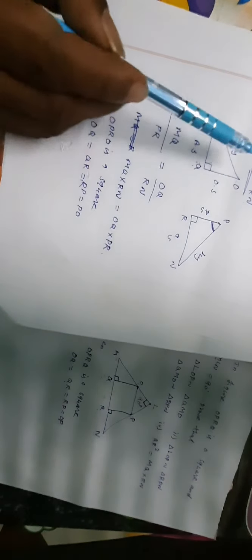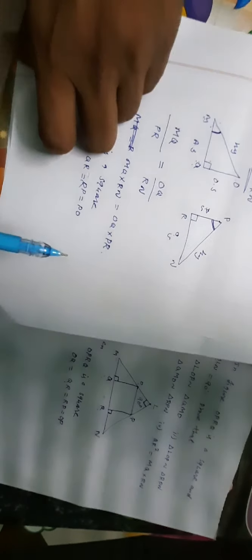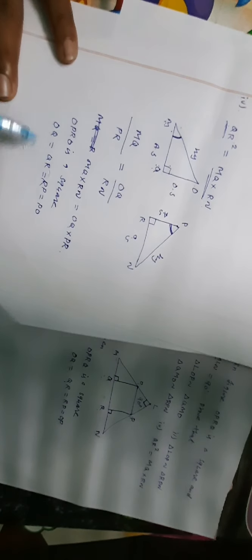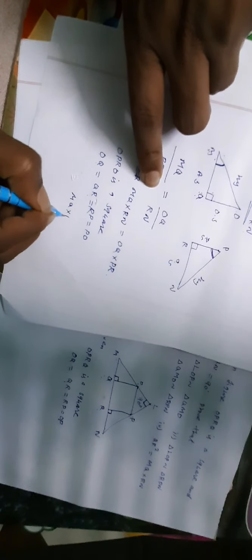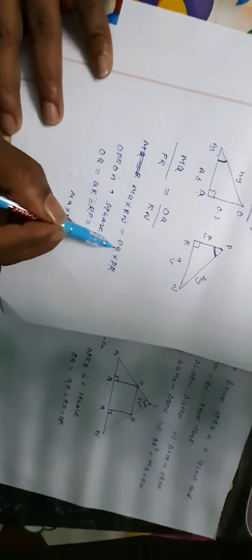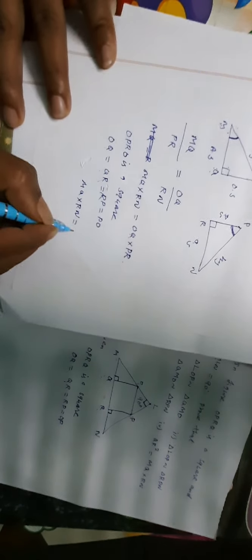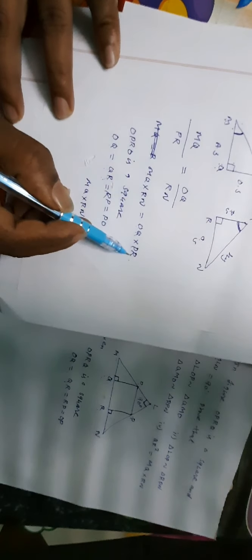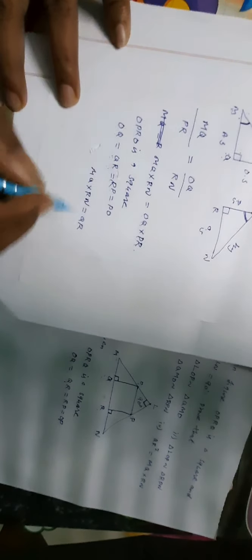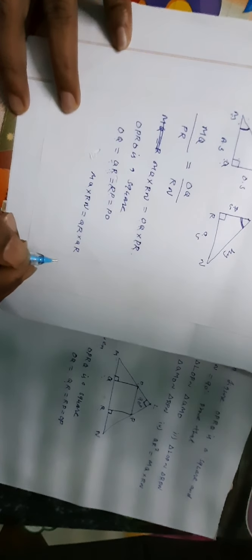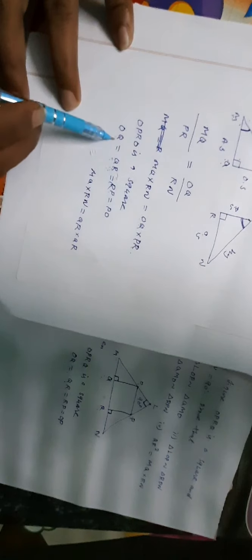So on the left-hand side you need MQ into RN. I won't change these two sides. This one I can change using this condition, OQ into PR. But the result you want to prove is QR square. Right? OQ is equal to QR, so I can substitute here. Also PR is equal to QR.